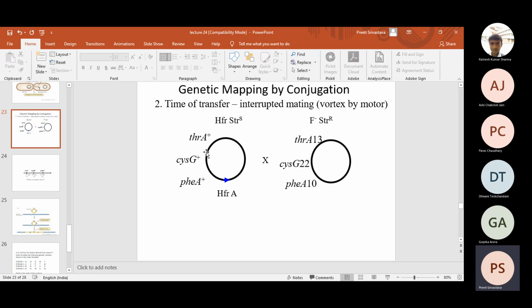All I'm trying to say is you can have different types of HFR strains, and they are different with respect to the site of integration of the F plasmid in the E. coli chromosome. Following or no?